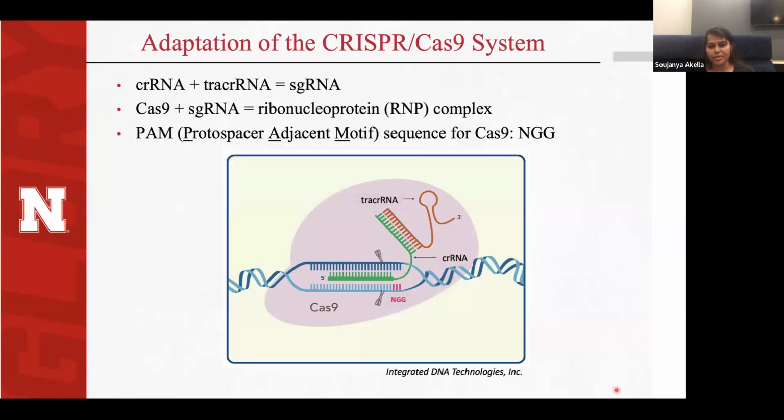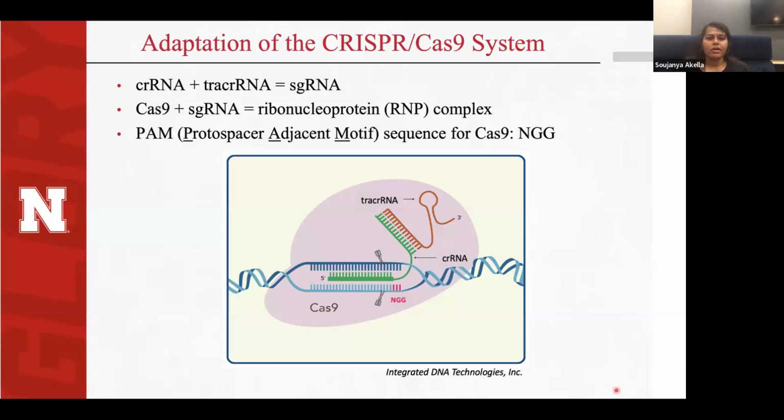Both of them got the Nobel Prize for adapting the CRISPR system so it can be used outside of bacteria, basically. Or actually, I think they still showed how you can adapt it to prokaryotic cells, but to what we want, instead of just the system being able to recognize bacteriophage DNA.